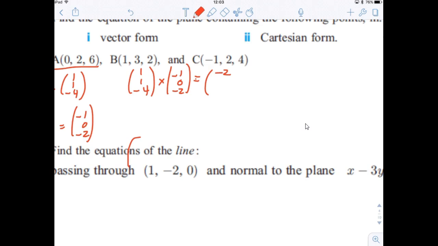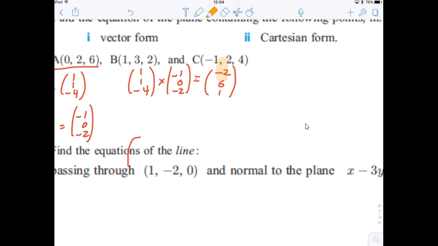But we take the negative of that, so it would be positive 6. And last of all, 0 minus negative 1. 0 plus 1 is 1. Okay, so the normal vector is negative 2, 6, 1.